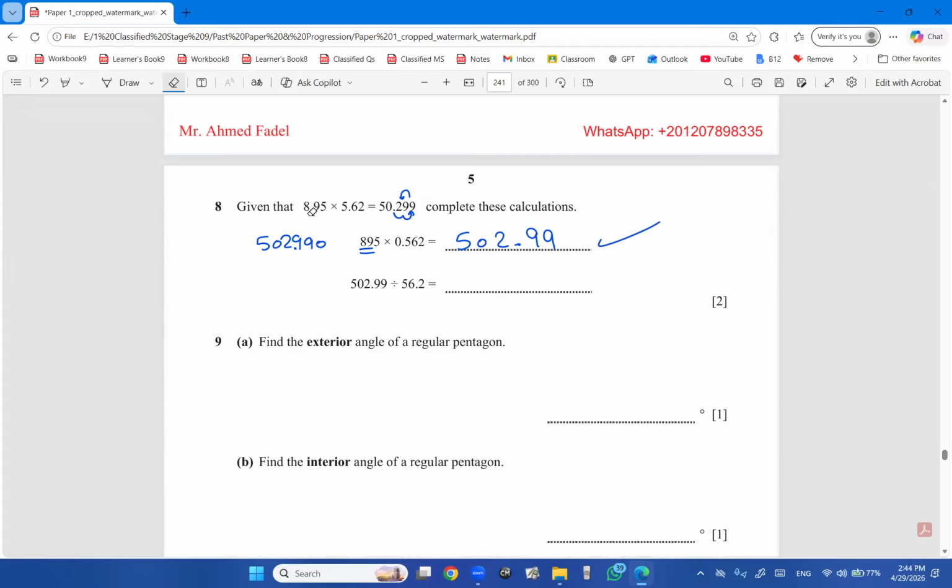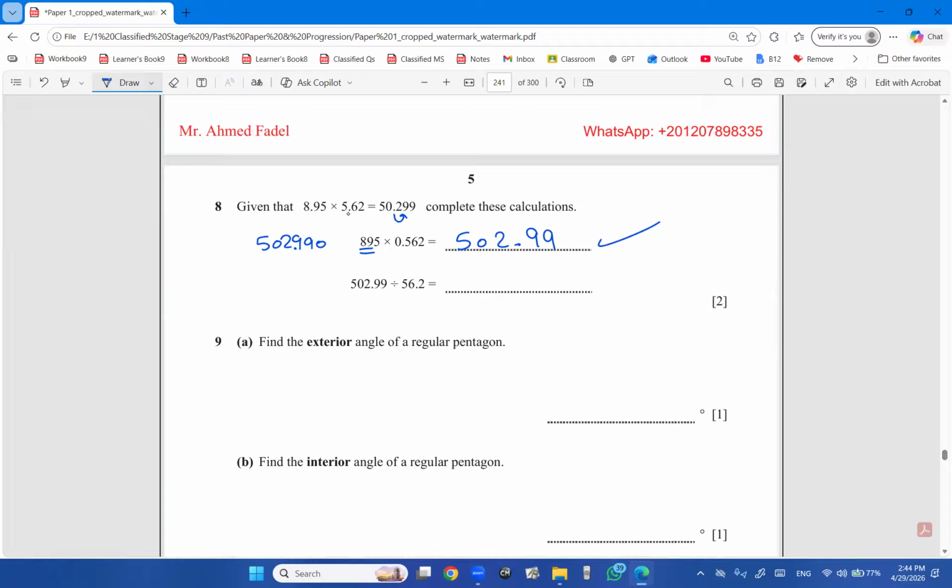The next question here says to you 502.99 divided by 56.2. What happened over here is that if you noticed, to get this into the 502.99, you will notice that this got multiplied as if you multiplied it by 10.